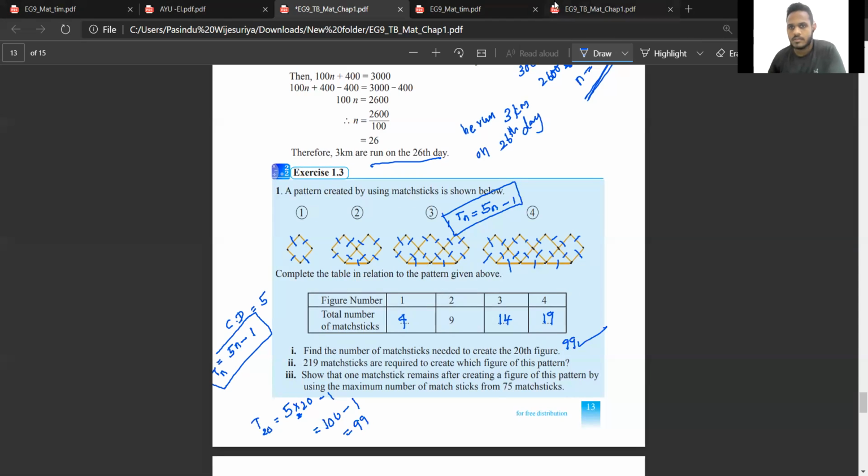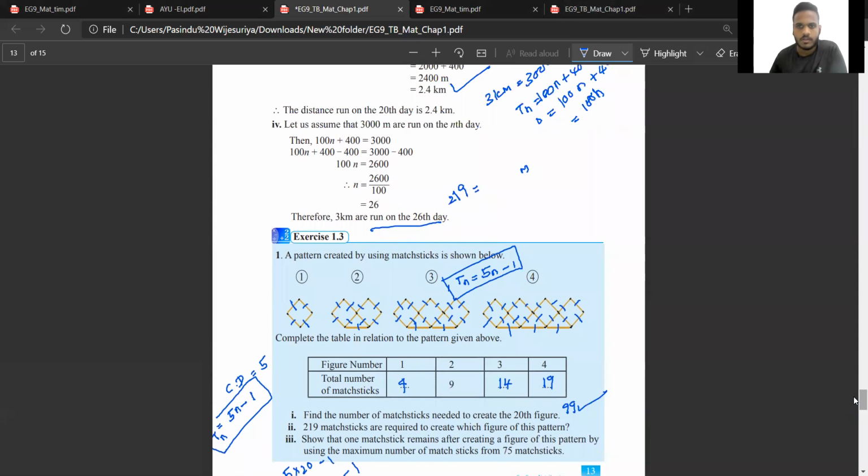I'm going to use this space to do that calculation. So 219 equals, what's the equation we got? 5n minus 1.